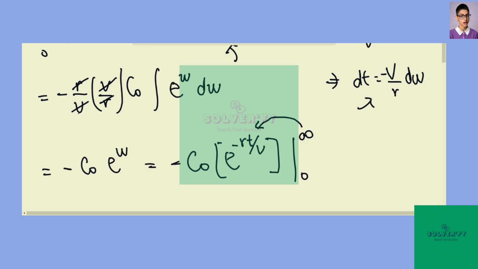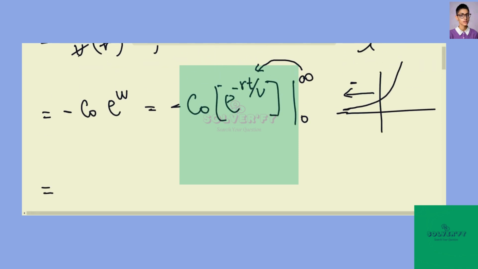And when you see the graph of the exponential function, when we go to minus infinity, this function tends to 0. So that's 0, minus the evaluation at the lower limit. So we take minus the exponential of 0.